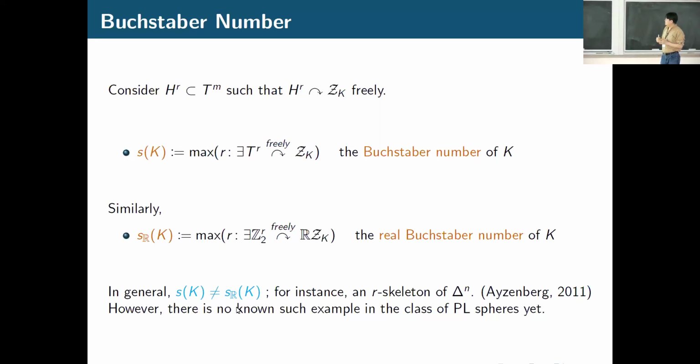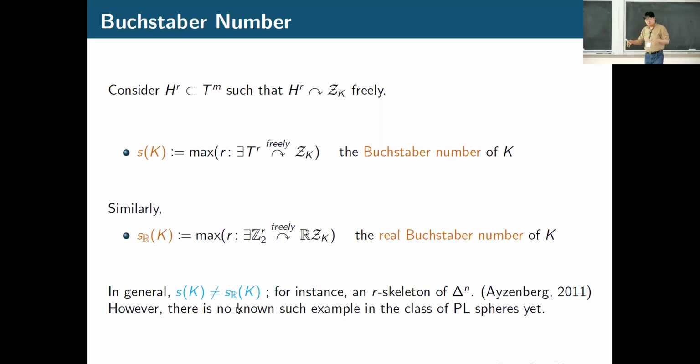In 2011, Ayzenberg computed some specific cases, such as the skeletons of simplices, and pointed out that in some cases the Buchstaber number and the real Buchstaber number are different. So in general, we know that these two numbers are different.